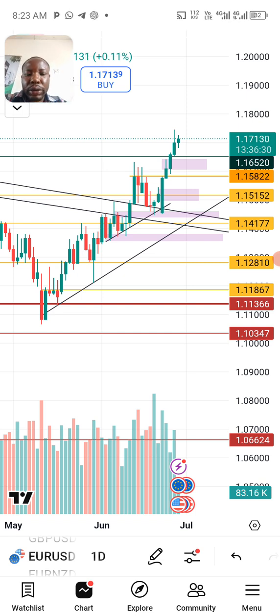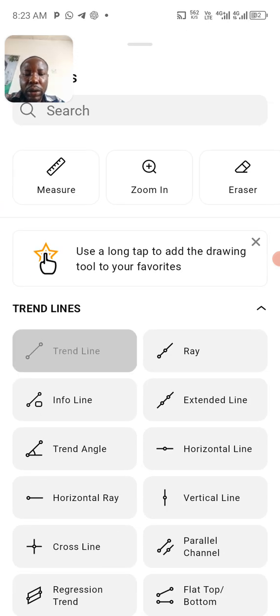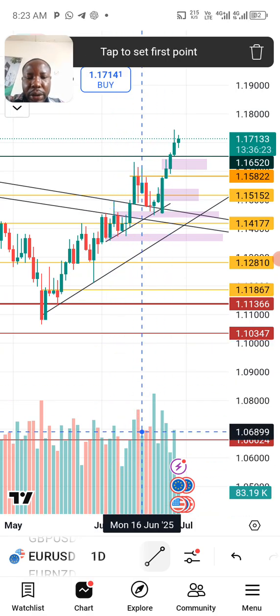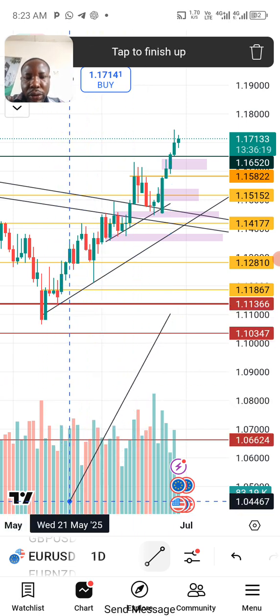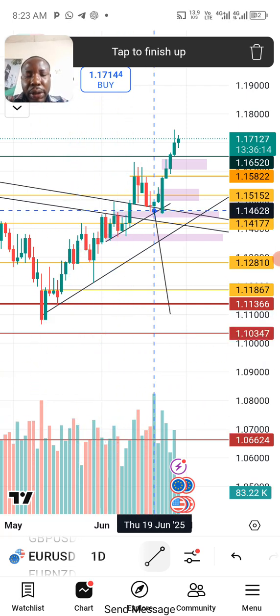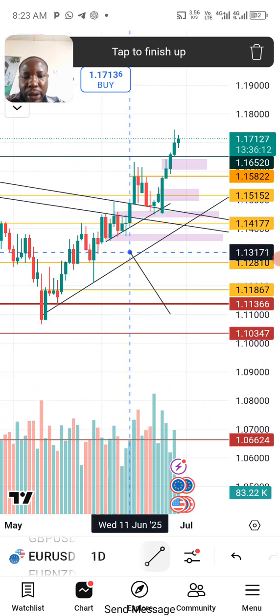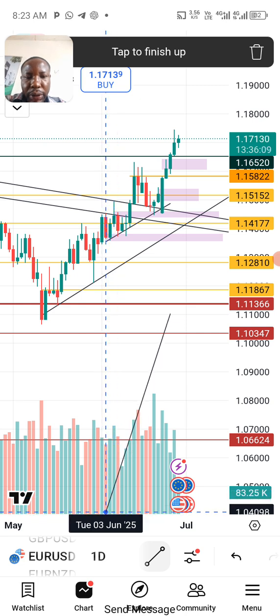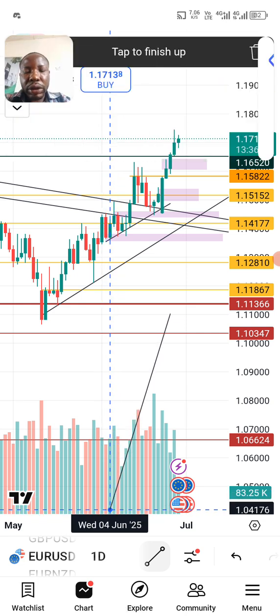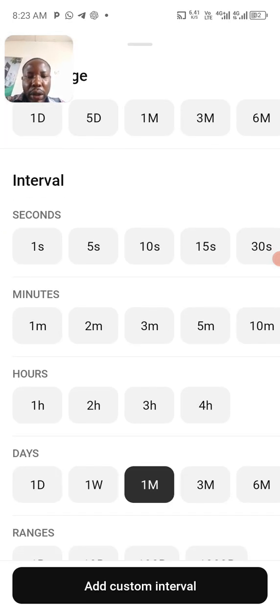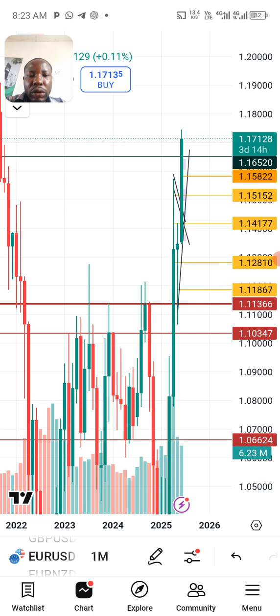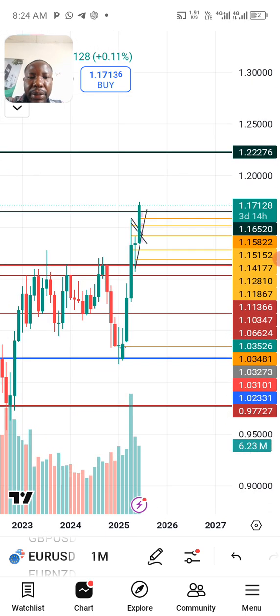Right now you can see I'm already on forex pairs. When you come to the chart, this is a forex pair, and this is euro USD. Euro USD is what is going to the upside. Right now this is the daily time frame. But first of all, we'll switch over to the monthly time frame. As you can see, the monthly time frame is heading to the roof.